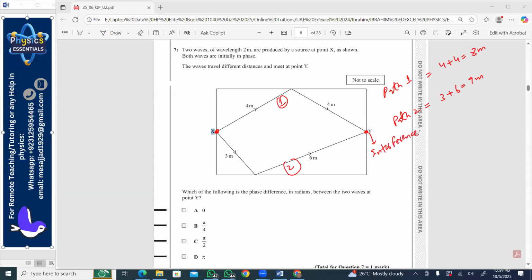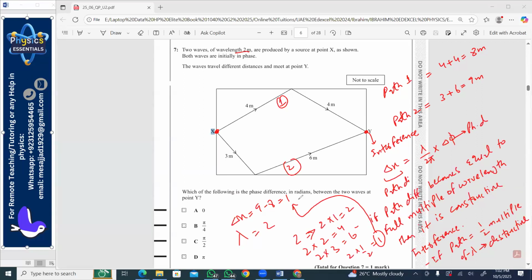Which of the following is the phase difference in wavelength? It means we are going to have destructive interference, and destructive interference always means 180. Okay, it always means that you have a phase difference of 180. And for constructive interference, your phase difference is 0 degrees or 360 degrees. This is for constructive, and this is for destructive.